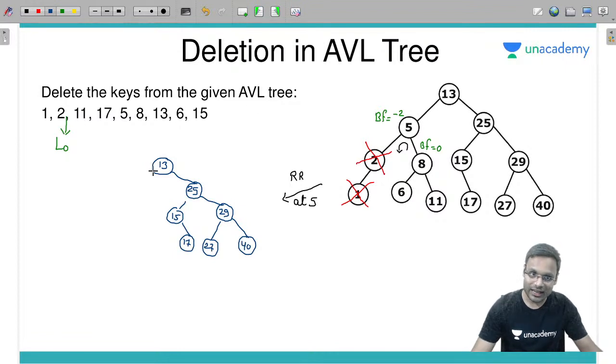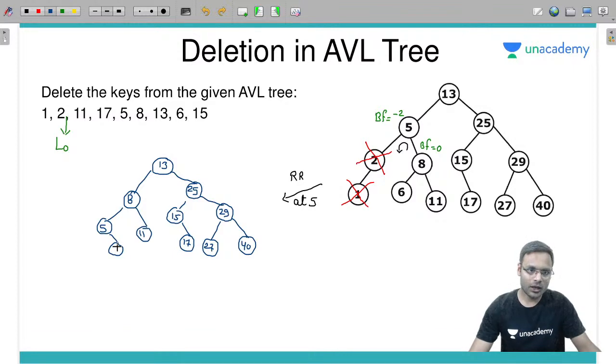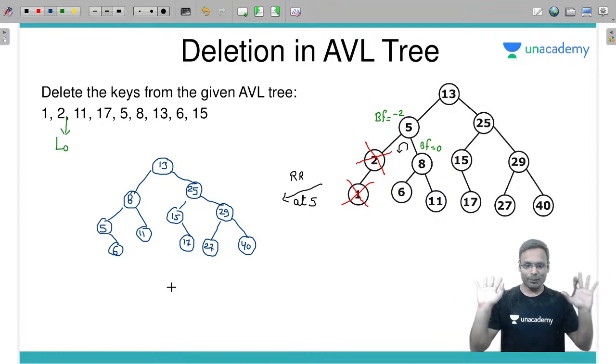Look at this, 8 will come up, left will be 5, 8's right as it is 11, left of 8 will go in the right of 5, which is 6. Now the tree is balanced.